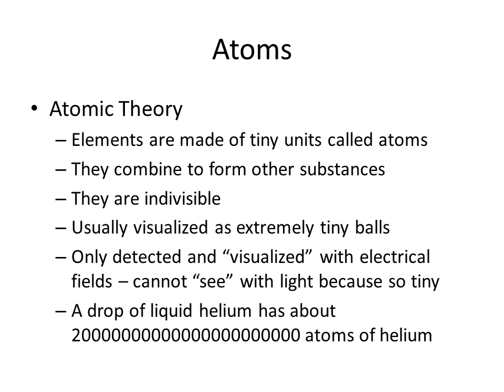Now, these atoms can combine to form other substances. For instance, carbon dioxide is a combination of carbon atoms and oxygen atoms. And in one molecule of carbon dioxide, we have one atom of carbon and two atoms of oxygen.